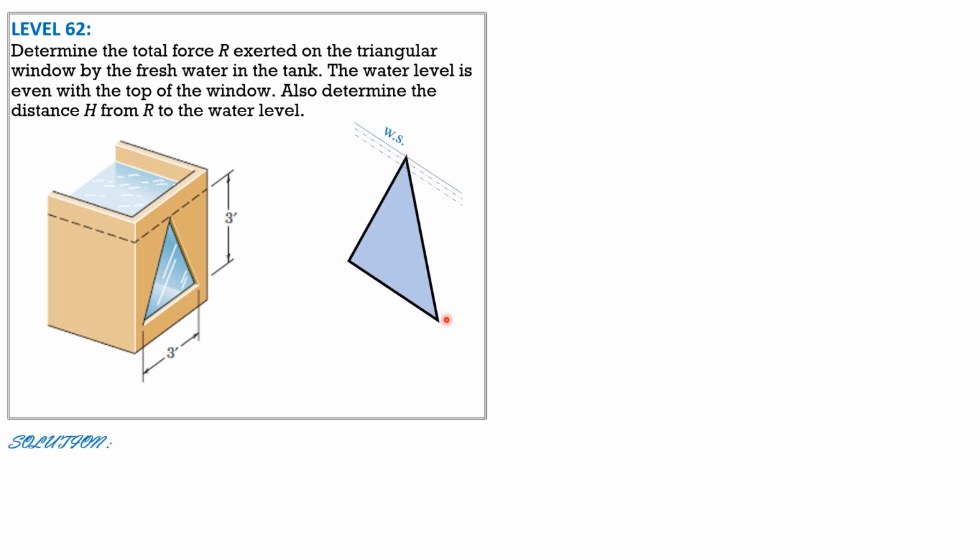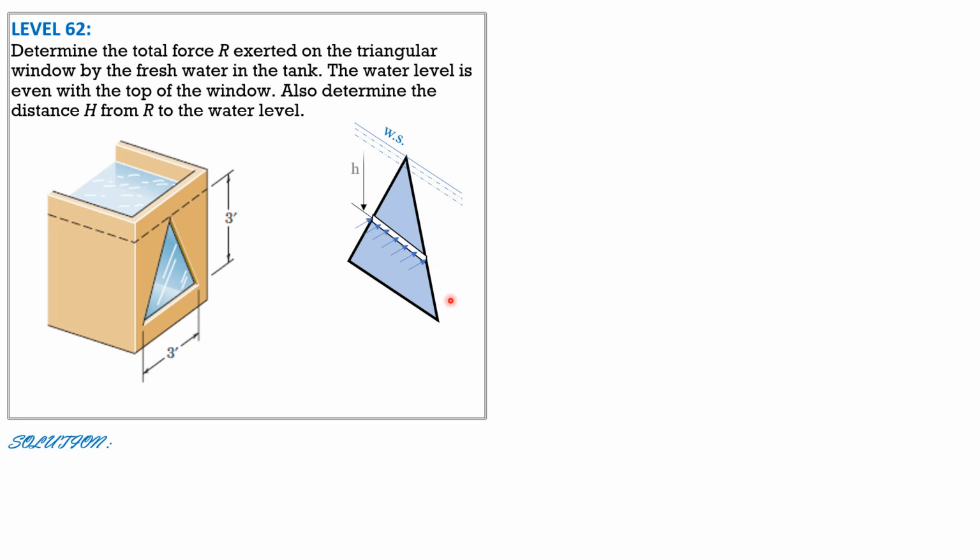This is the gate, a triangular gate, 3 feet base, 3 feet height. Let's consider that strip. The pressure over that differential area is constant because the vertical distance from the water surface is denoted by h. So the pressure is the specific weight of water, 62.4 pounds per cubic foot, times h.